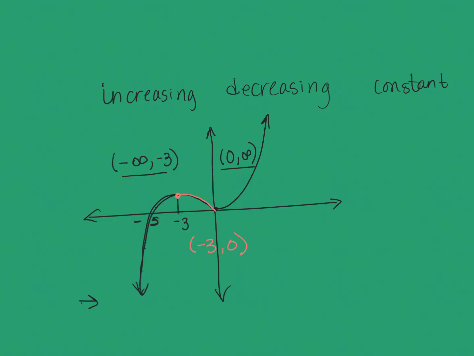Let's take a look at another example. Let's say I have a graph that looks like this. I'm increasing, going uphill from negative infinity to negative 1.